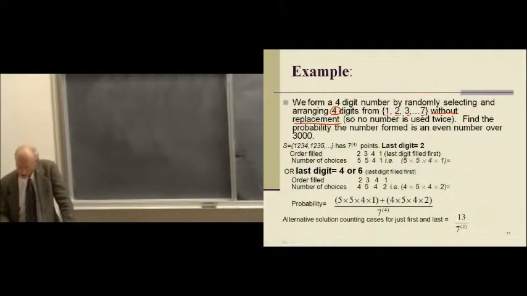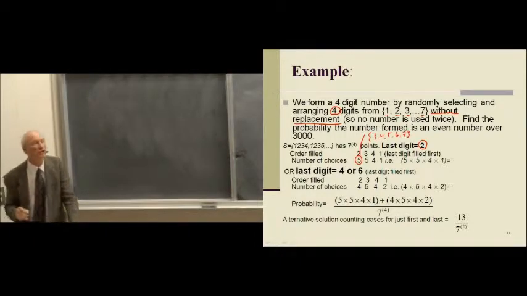Let's suppose that the last digit is 2. Now, what choices do I have for the first digit? It has to be a number 3 or larger. So the first digit could be any one of 3, 4, 5, 6, or 7.